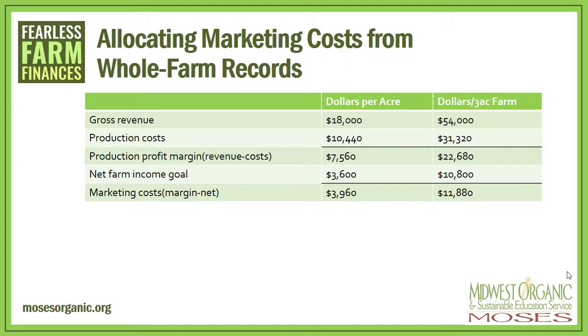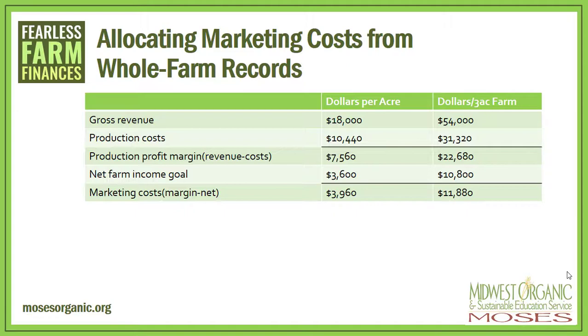So let's assume, and you'll notice on the very right hand side, I have dollars per 3-acre farm. Let's assume you have a 3-acre vegetable farm that you kept these whole farm records for, and you want to evaluate what is more profitable, selling through the farmer's market or the institutional buyer.